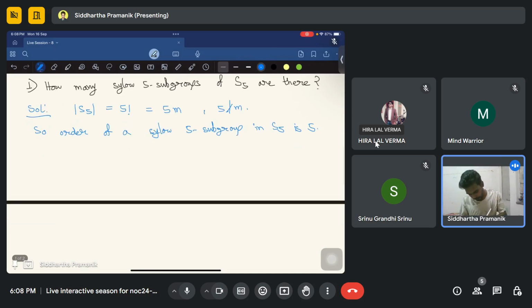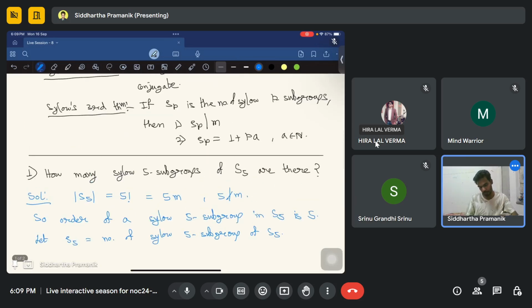So let s_5 be the number of Sylow 5-subgroups of S5. Now, by using Sylow's third theorem, we can get some possibilities, right?